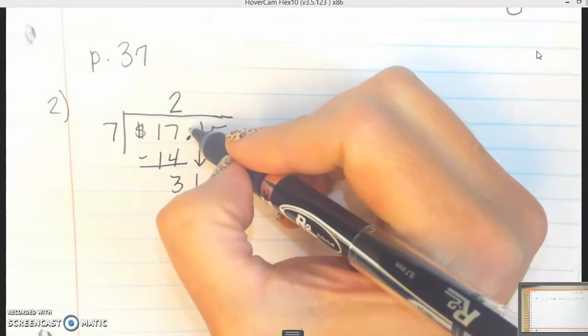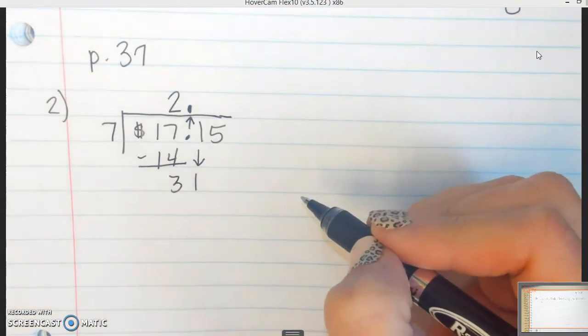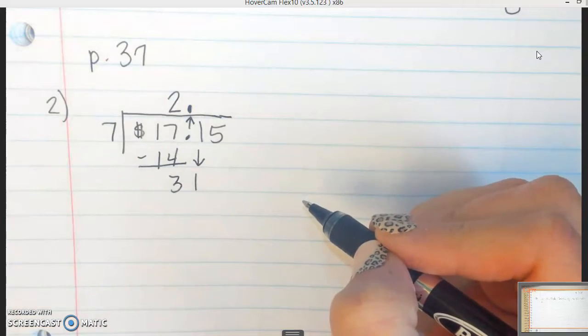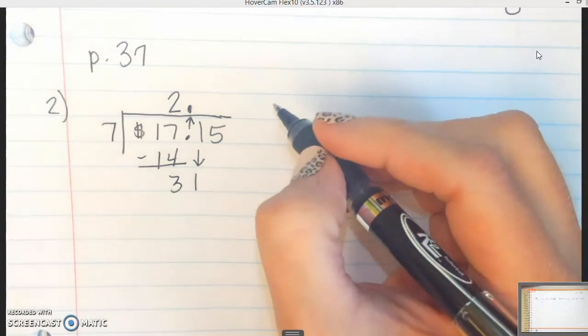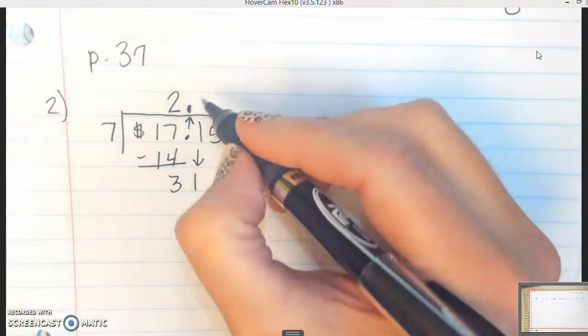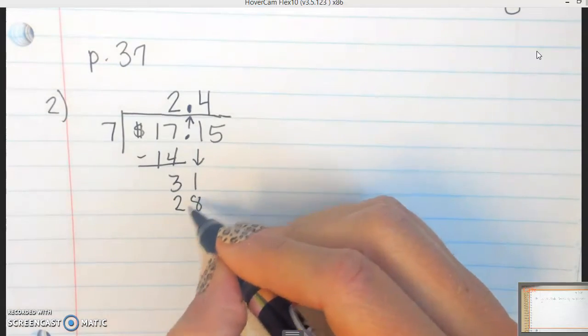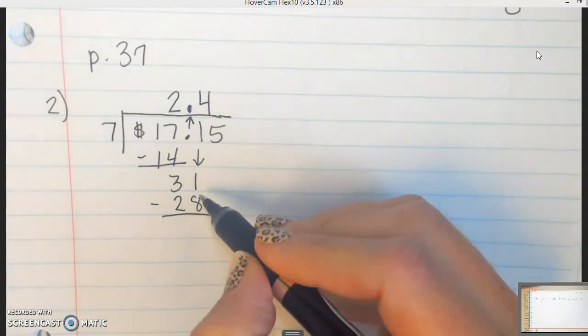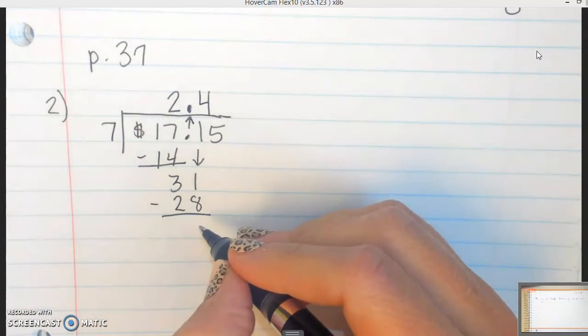Okay, I need to make sure I move that decimal up and put it up here on the line. And now I'm saying, how many times will 7 go into 31? 4 times, which is 28. And then 31 minus 28 would be 3.